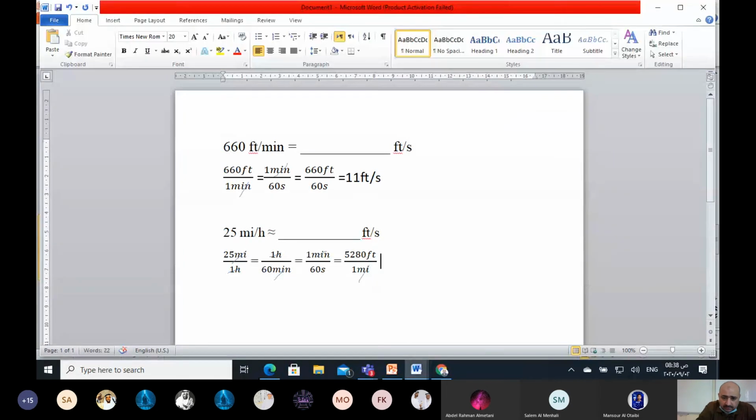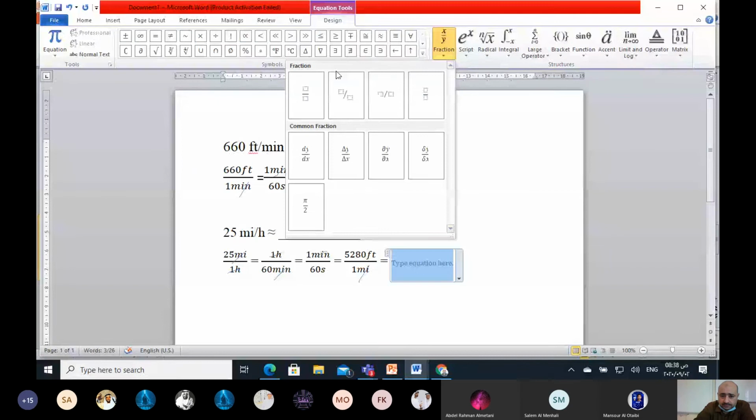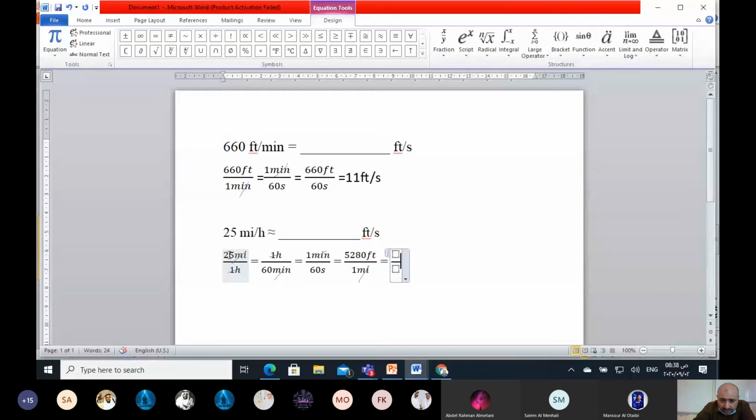Now, the last answer. Up, as you see here, we have 25 times 1, 25. Now, 25 times 5,280. We can use the calculator now to know the answer. 25 times 5,280 will be 132,000 feet.